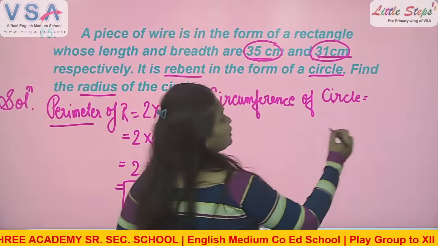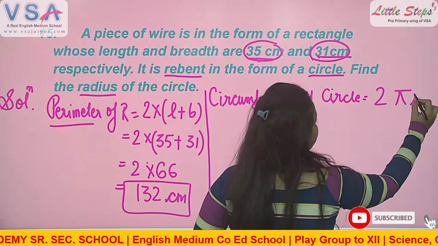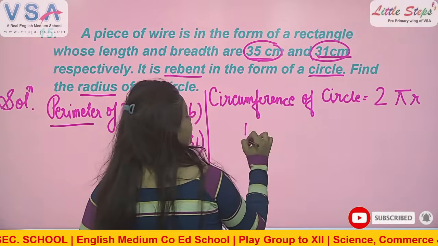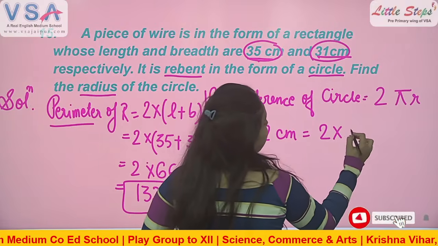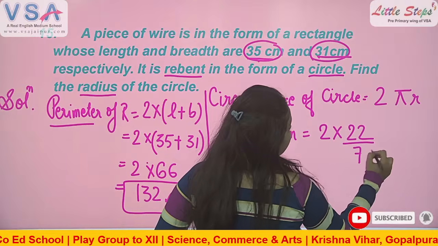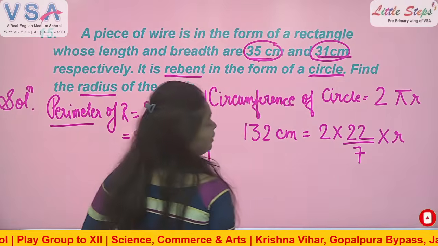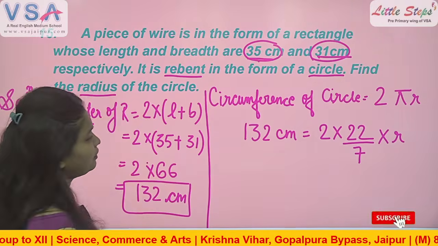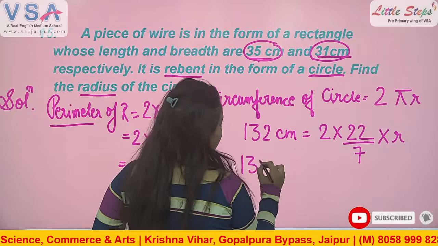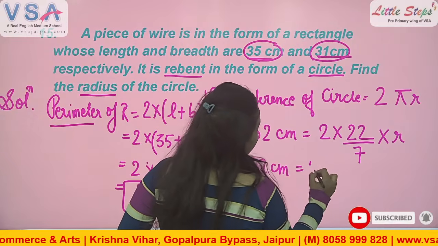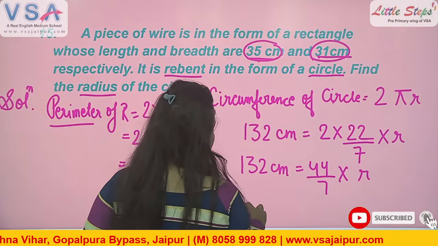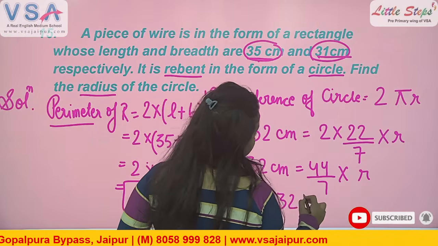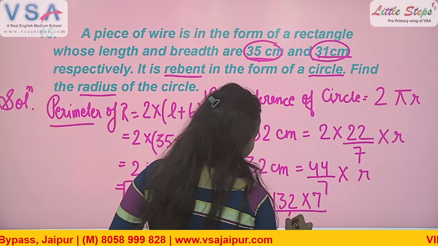Then the formula of circumference of circle is 2 pi r and circumference कितना आया? 132 centimeter equals to 2 multiply 22 upon 7 multiply r. Of course, we don't have the value of r. What we need to do? 132 centimeter equals to 44 upon 7 multiply r. The radius is 132 multiply 7 by 44.